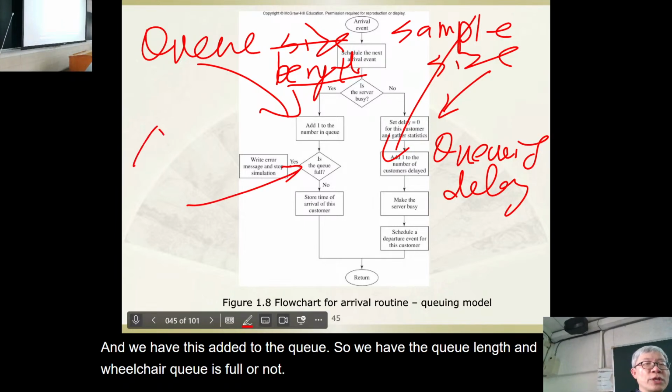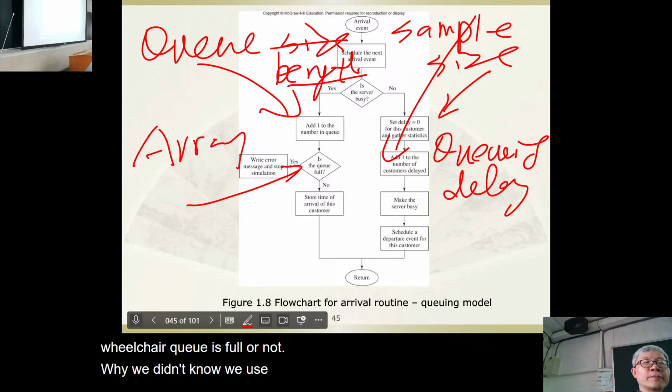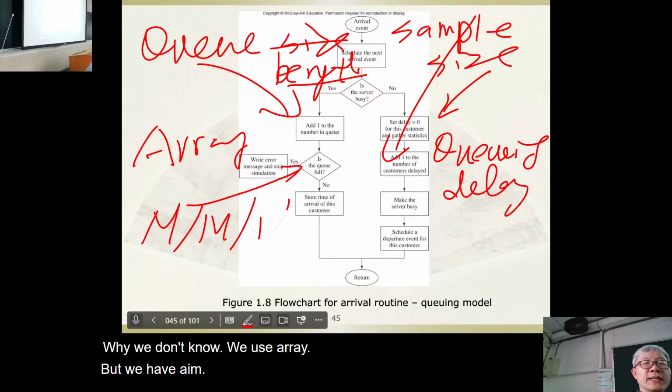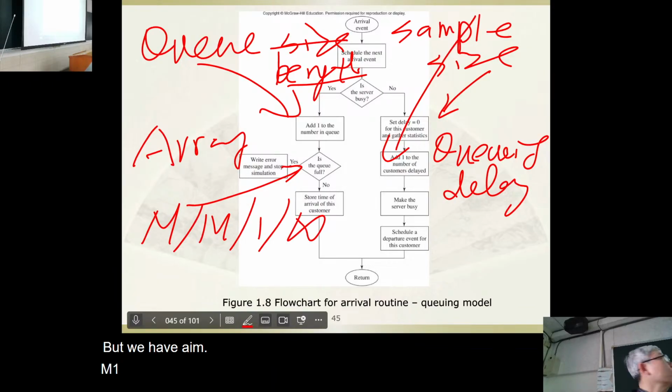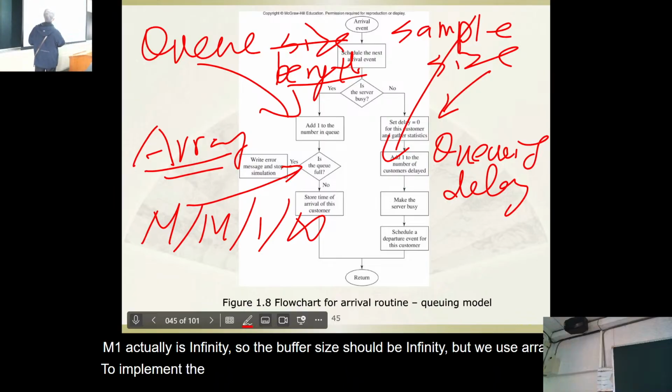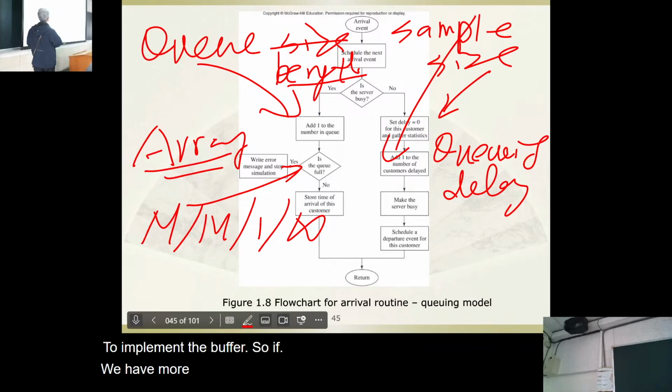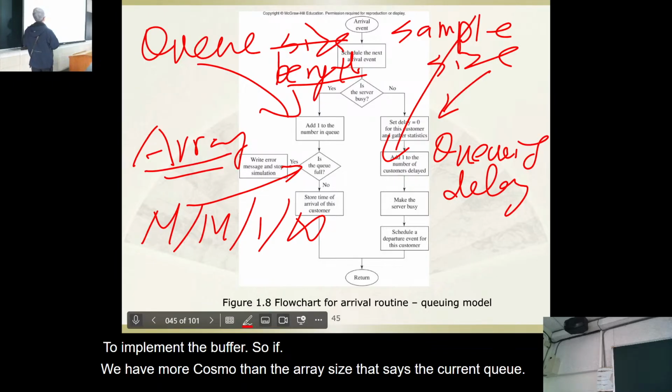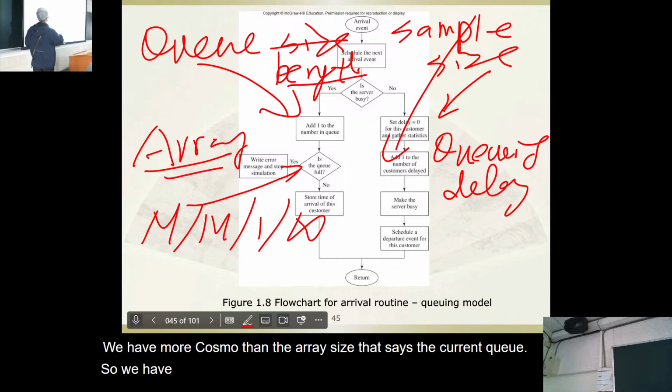Why? Because we use an array. For M/M/1, the buffer size should actually be infinity, but we use an array to implement the buffer. So if we have more customers than the array size, that says the current queue is full.